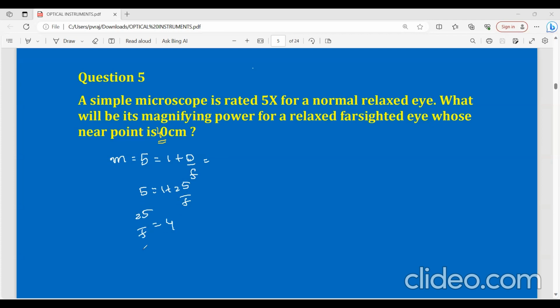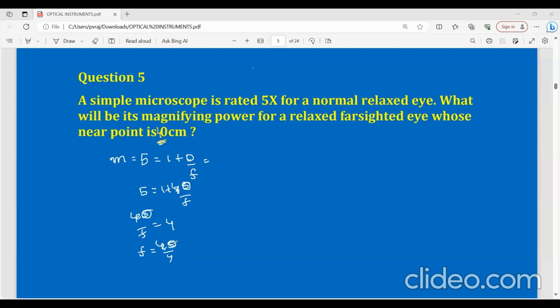Then f will be 25/4. And of course here the near point distance is given as 40, so you can write 40 here for 25.